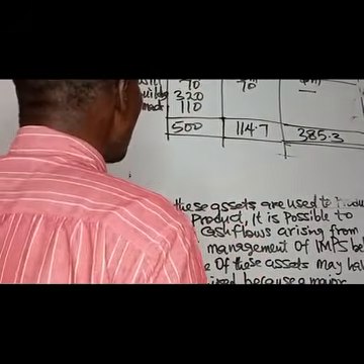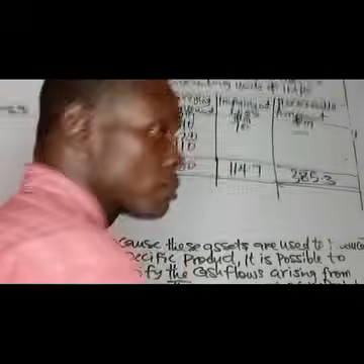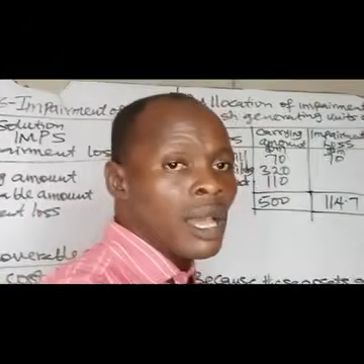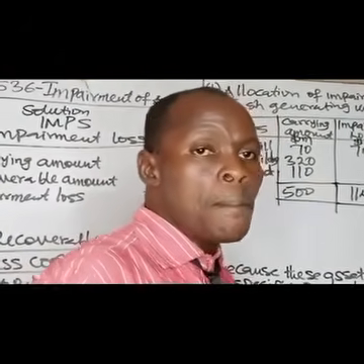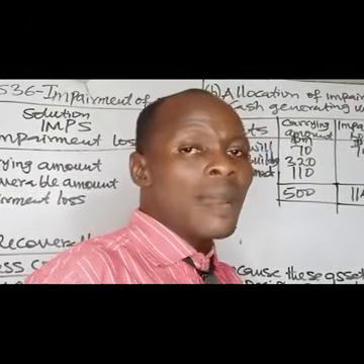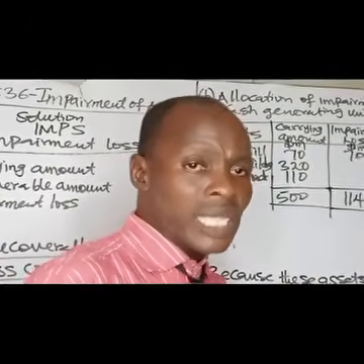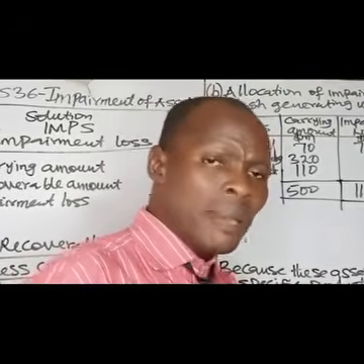Then after goodwill, we have other assets. I've told you that impairment loss should be allocated to other assets on a pro rata basis.